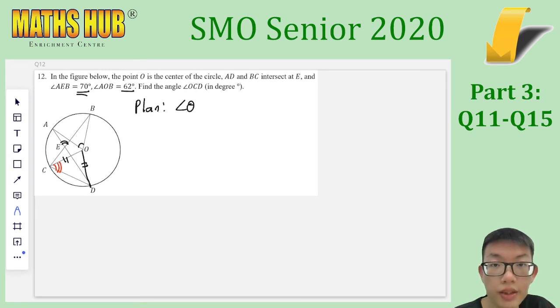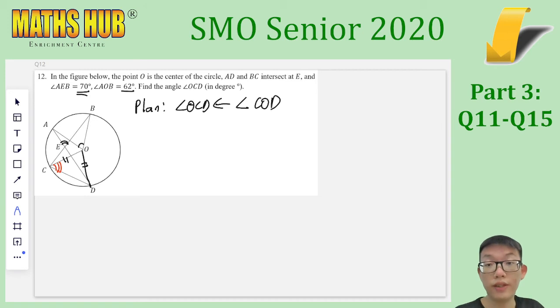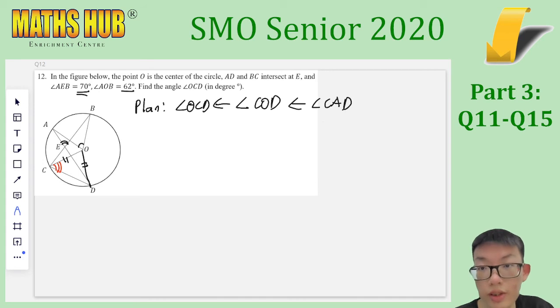To find angle OCD, I'm going to get it from angle COD. Now in turn, angle COD is an angle at the center. So we can use this to relate to an angle on the circumference. And it would make sense that we do it for something like angle CAD. So let's draw that in as well.